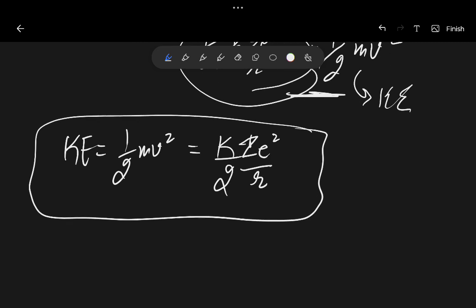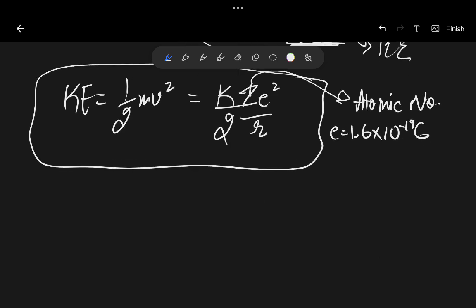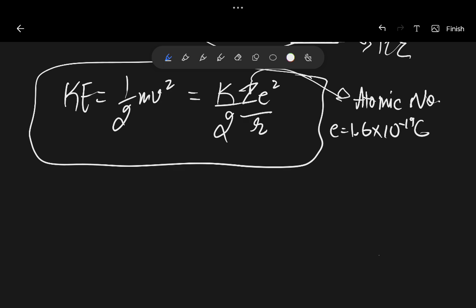Right, so here Z is the atomic number, like it can be gold, it can be silver, and e stands for electron, which is 1.6 into 10 to the power minus 19 coulombs, the charge on the electron, but in positive.